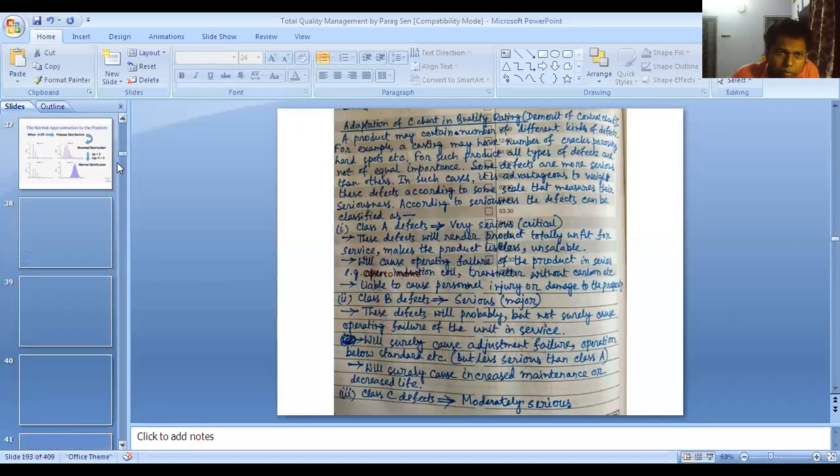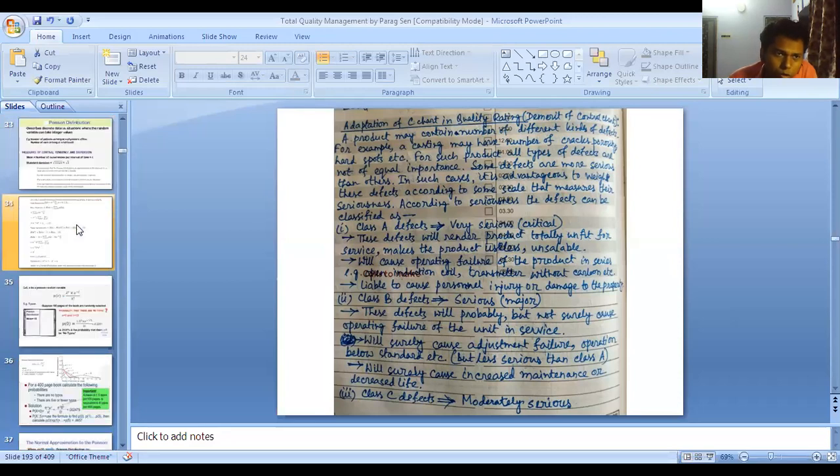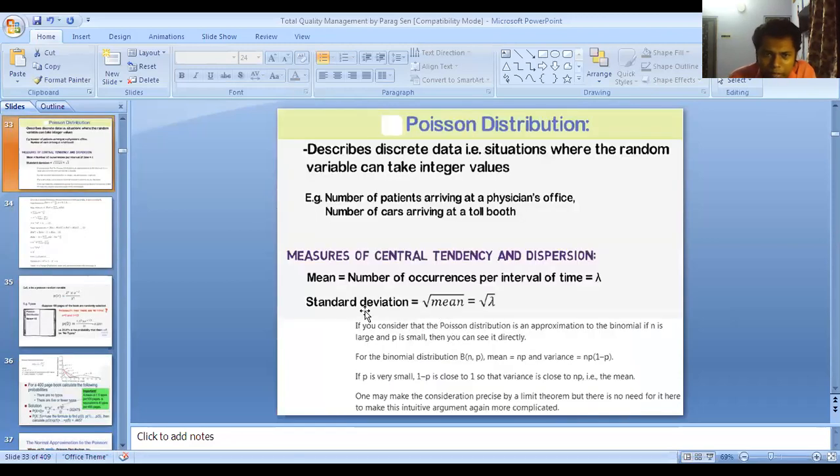That means the variance in Poisson distribution is equal to mean. You can say that standard deviation is root under mean. Mean here is lambda or mu. In some books it is written as mu.